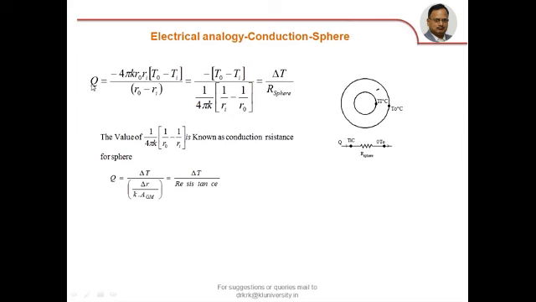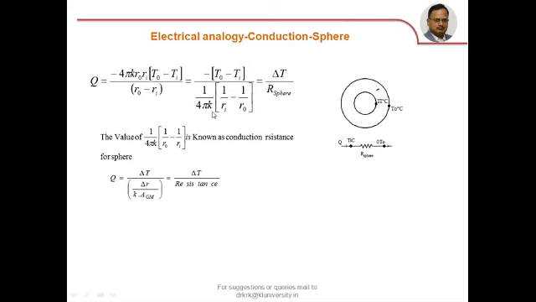The formula for Q, heat transfer through a hollow sphere, is given by 4 pi k Ro Ri into (To minus Ti) by (Ro minus Ri). The minus sign is introduced to make it positive because Ti is greater than To. The same expression can also be written as Q equals minus (To minus Ti), leave it as it is, and bring this 4 pi k Ro Ri into the denominator.